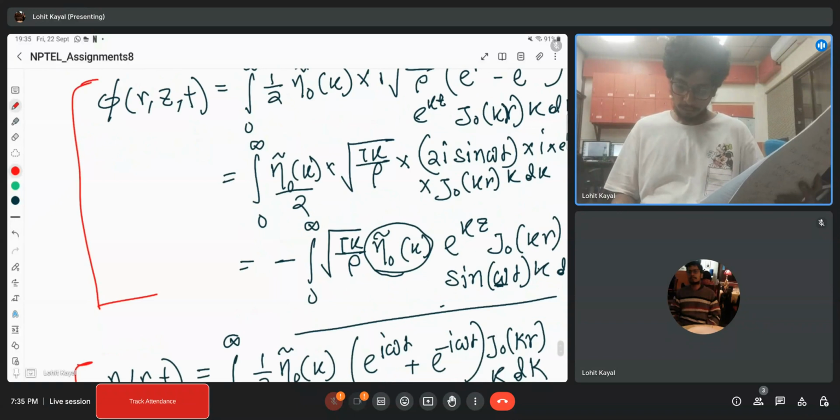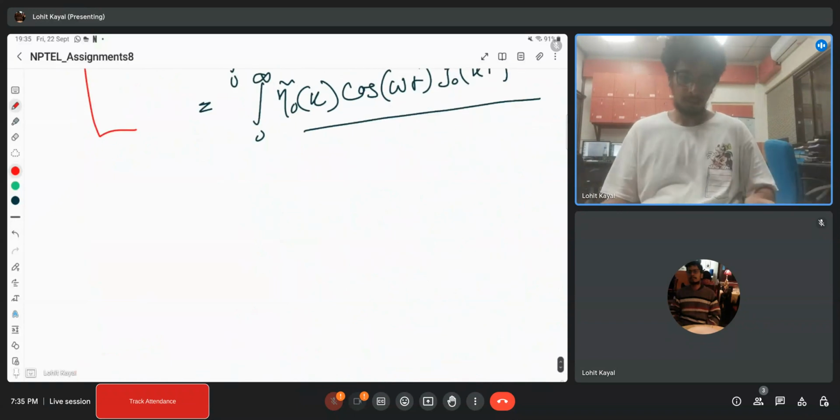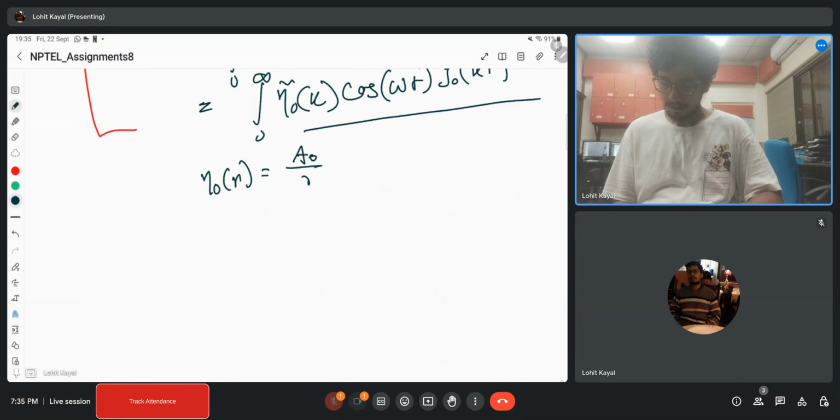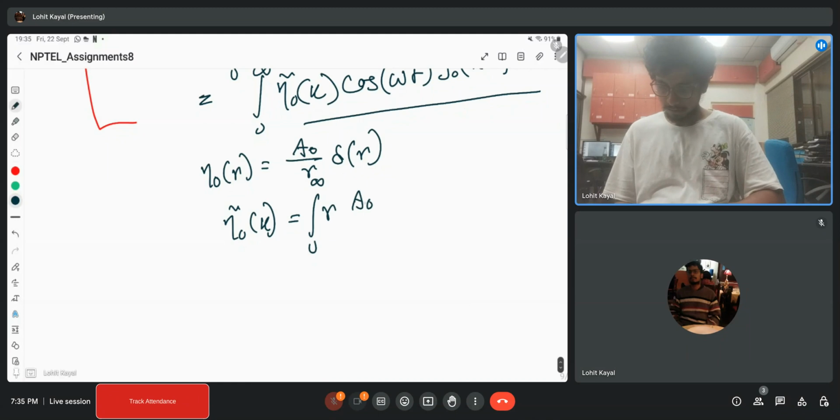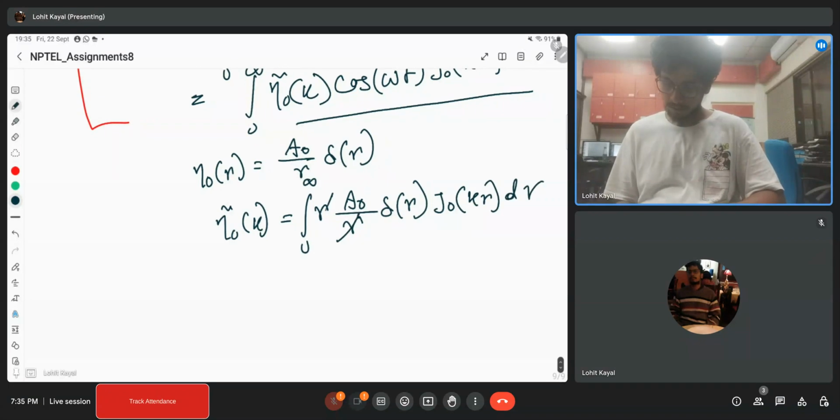Okay. So I will show you one particular initial condition, that is if your eta 0 of r is equal to some a0 by r into delta(r). Okay. Then your eta 0 tilde k will be the integral from 0 to infinity of r into a0 by r delta(r) j0 kr dr. So r will get cancelled.